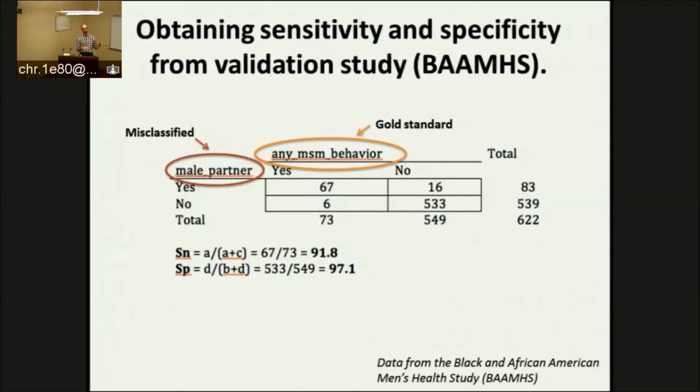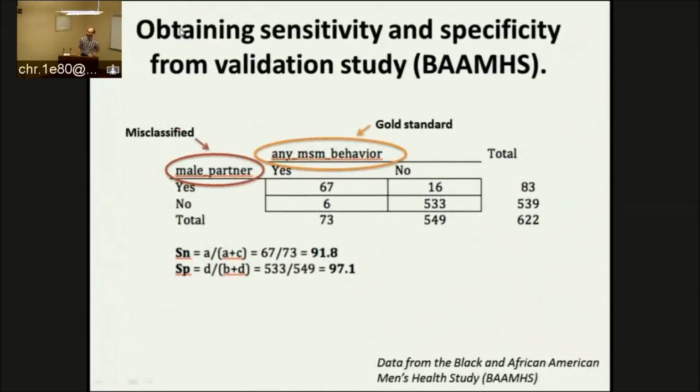And we also had questions about their sexual identity and about if they had male partners. Based on that information then, we were able to compute the sensitivity and specificity. And as expected, specificity was near perfect and sensitivity was not quite as good.